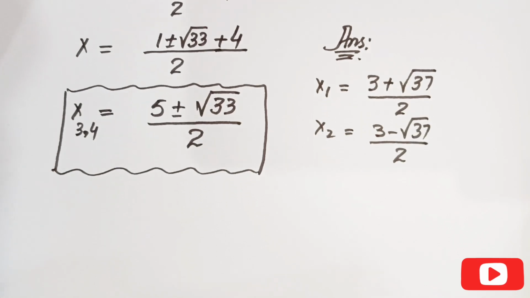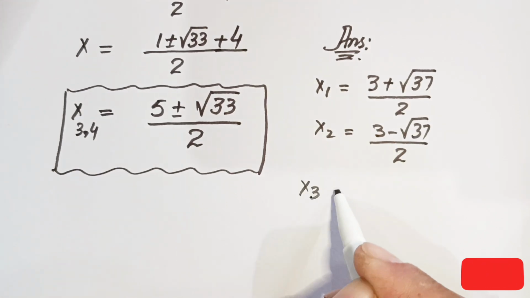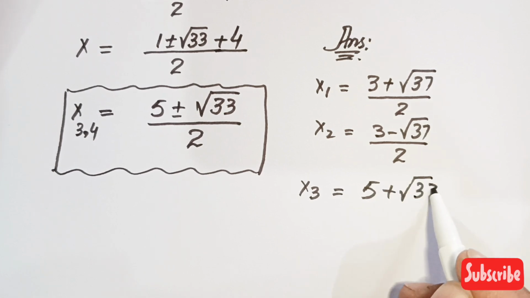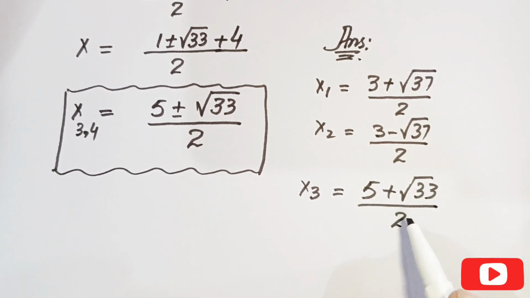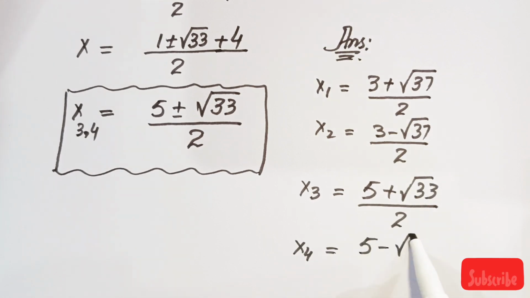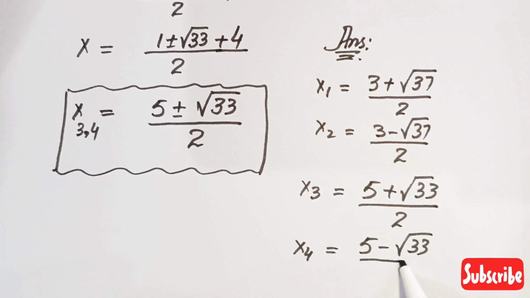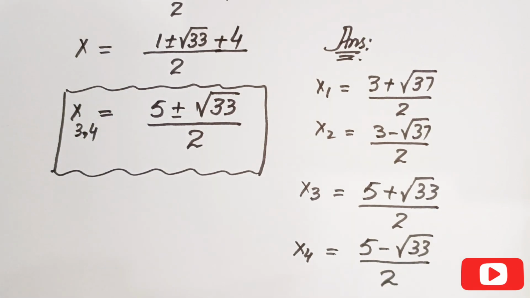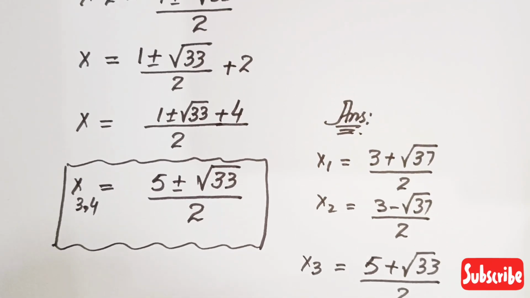Similarly, we have x3 is equal to 5 plus square root of 33 all over 2, and our final value is x4, which is 5 minus square root of 33 all over 2. So these are our 4 values of x, and it is our final answer.